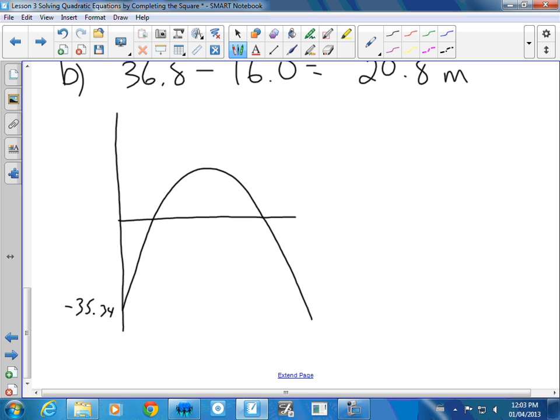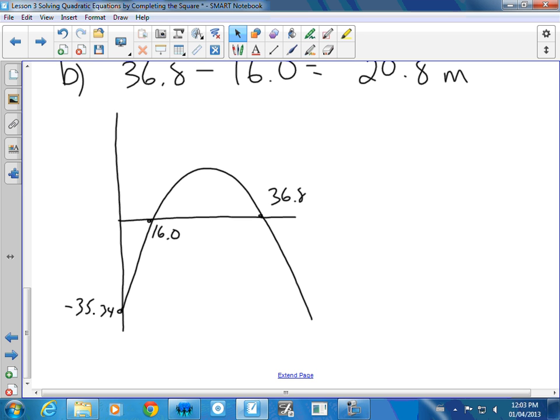This point here is 16.0, and this point here is 36.8. That's what that parabola actually looks like, right? This is a question you couldn't do before, right? You didn't have the skills to actually figure those out. Now do you have the skills? You could do it that way.